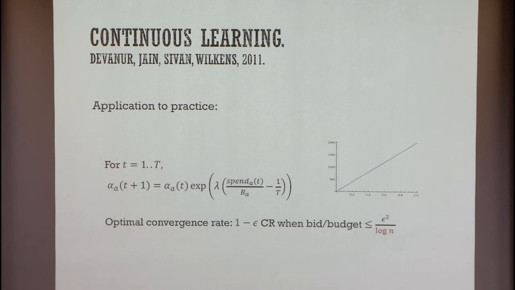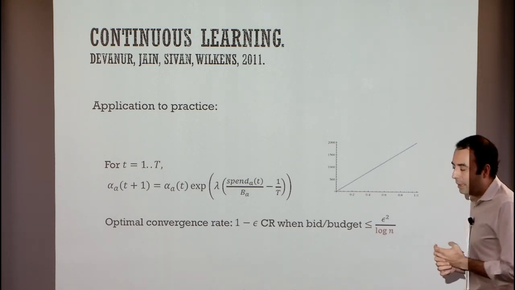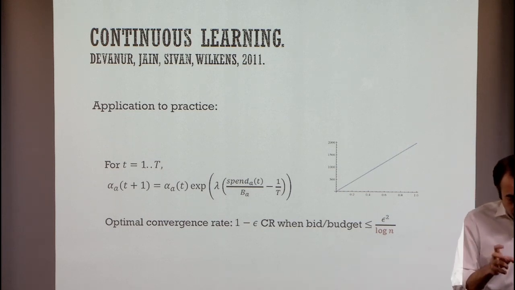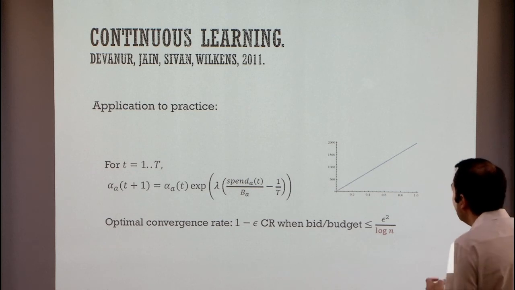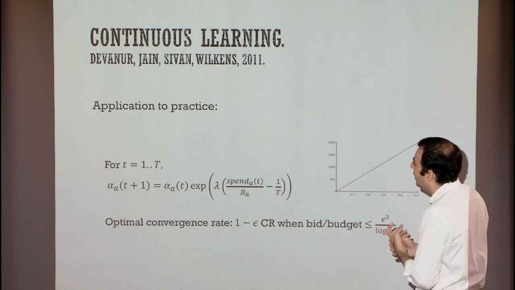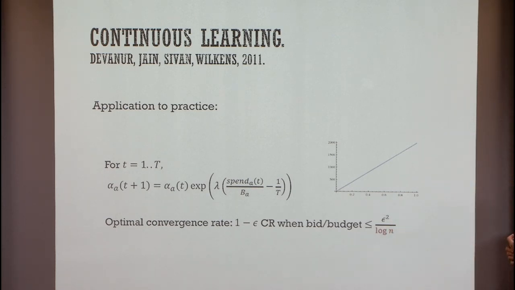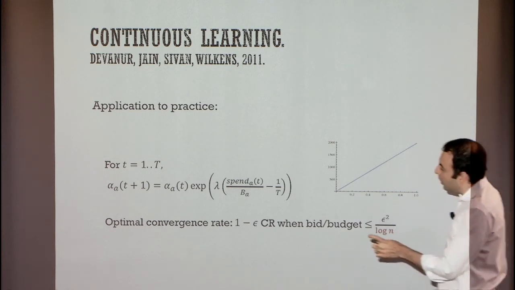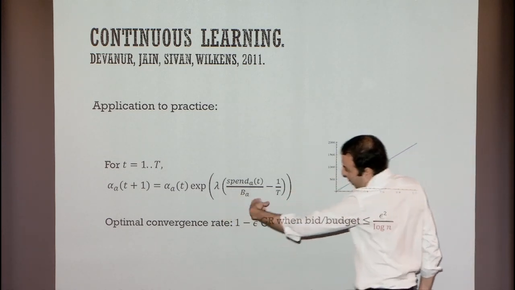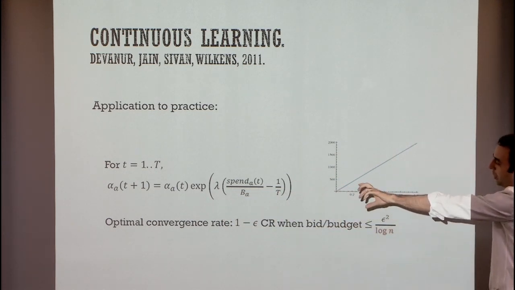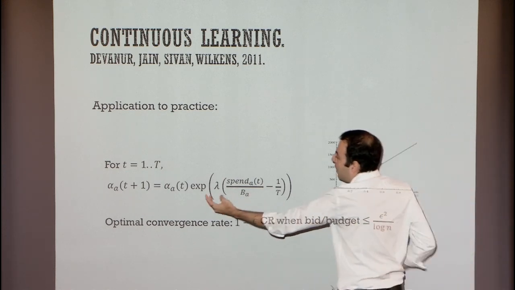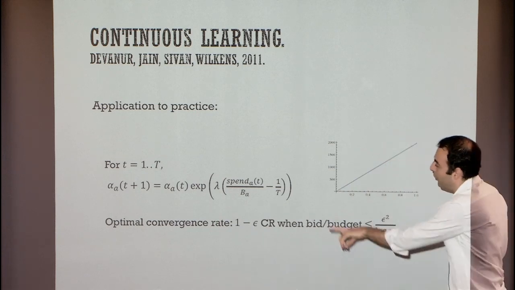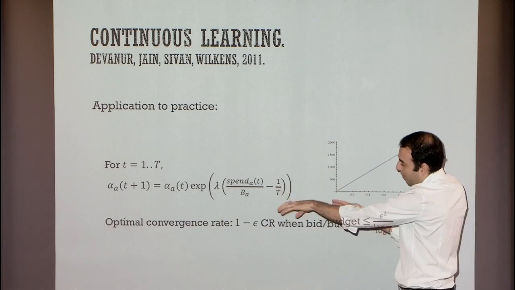Later, Devanur, Jain, Sivan, and Wilkens improved the way the system learns the arrival of the queries. They call this continuous learning, and they turned it into a normalization, and actually you can see the formula is not very different from the original work, except that the penalty works the following way.